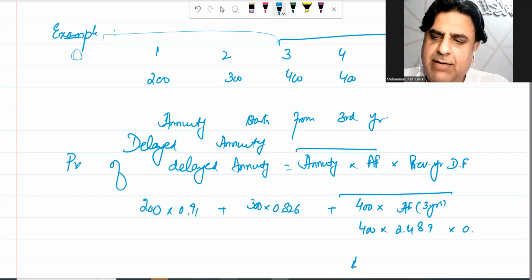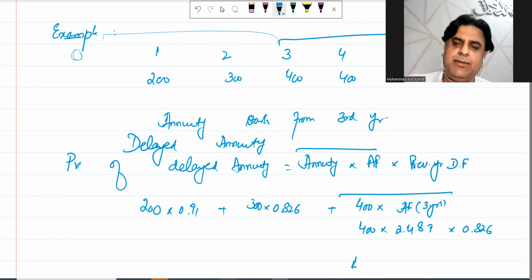Then I will multiply it with the previous year discount factor 0.826.